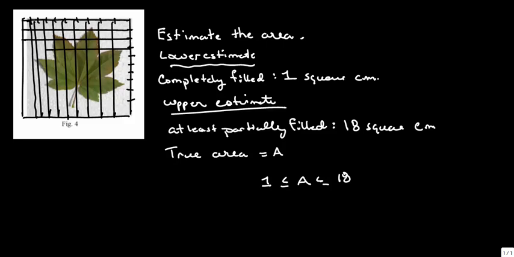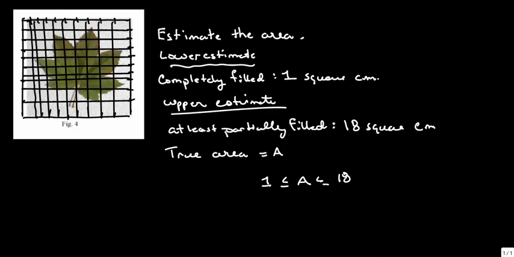By subdividing it even further, I'm going to get a better and better approximation of the actual area. The amount of subdivisions depends on how accurate we want to be.